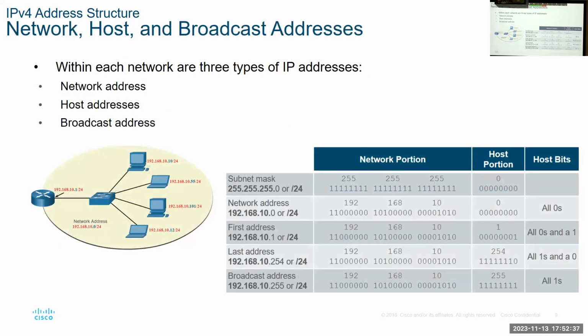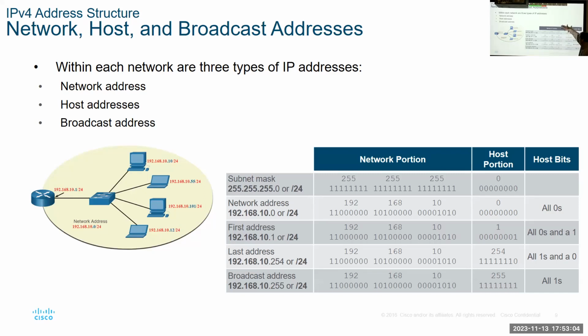Okay, so 3 types of addresses. In the subnetting problems, in that one table of problems, you had to find 2 of these addresses. You had to find the network ID and the broadcast address for a given IP address along with its prefix or subnet mask.